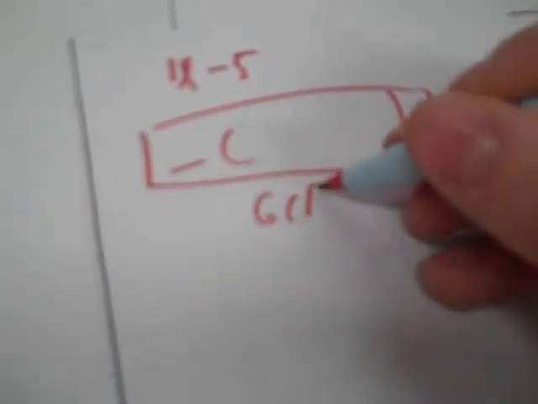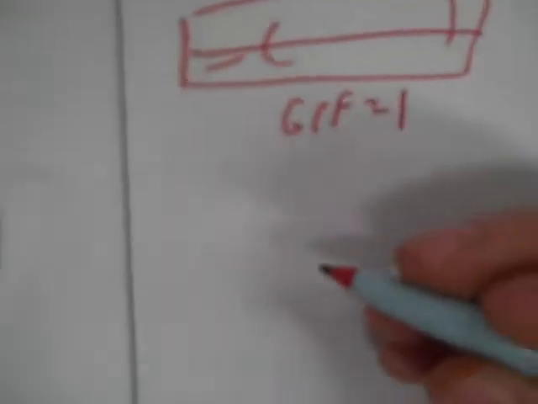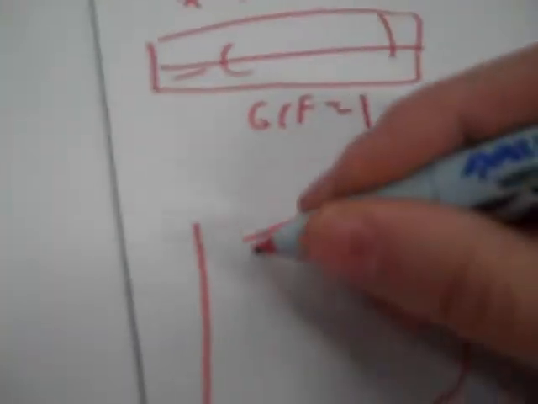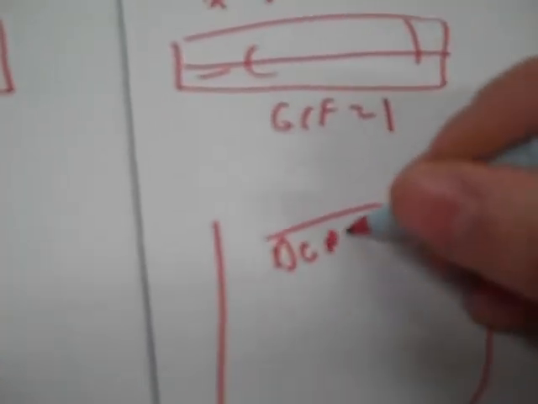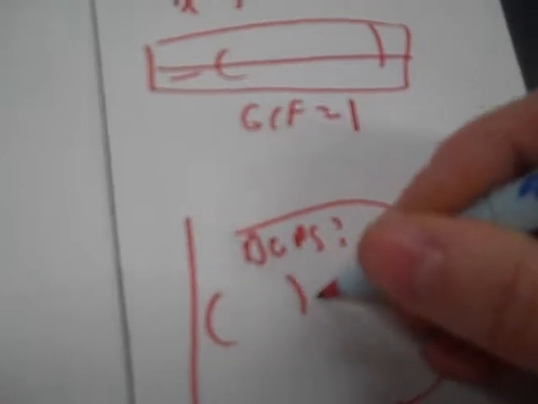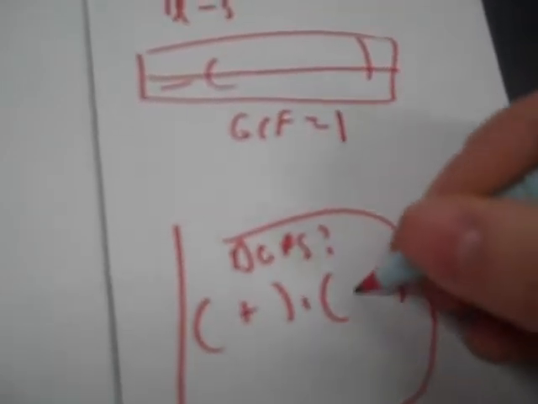GCF: negative not in front, x not on everything, 1 and 5, the GCF is 1. That allows me to cross that out. Then DOPS. Now you do have the minus, but the x isn't to the second, so it couldn't be that different. So again, that remains the same, parentheses x minus 5.